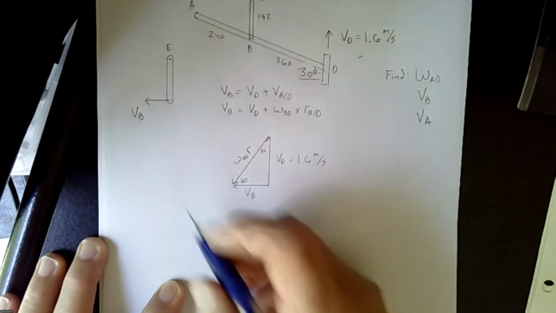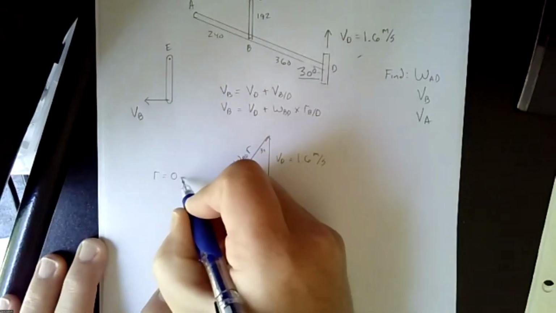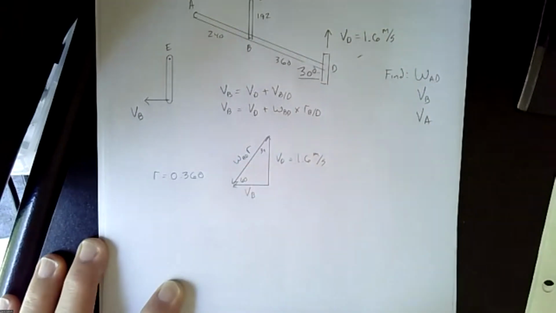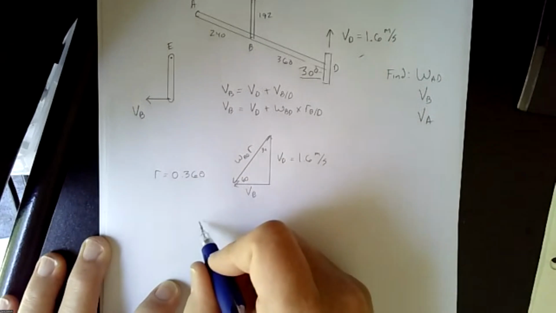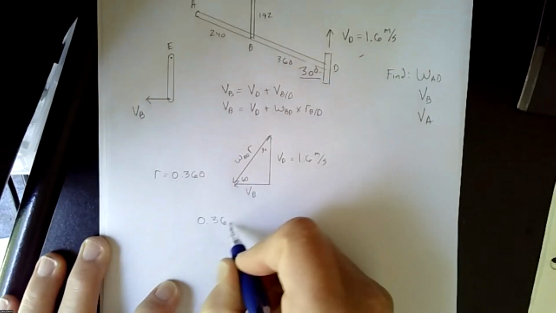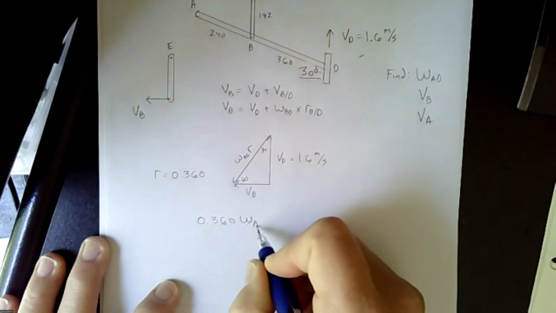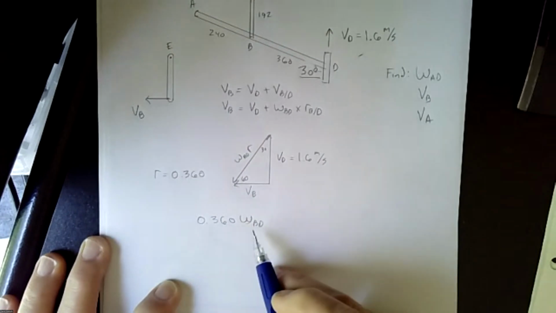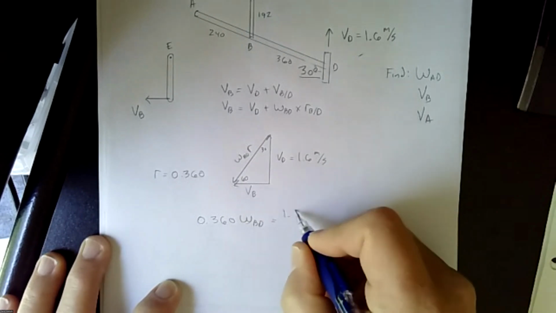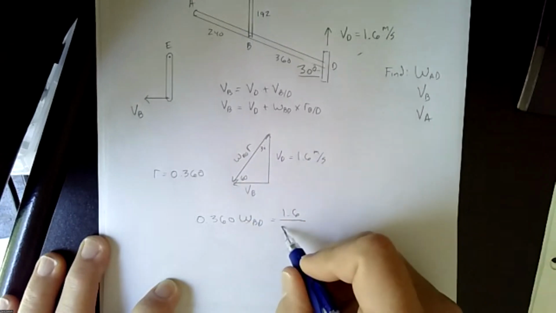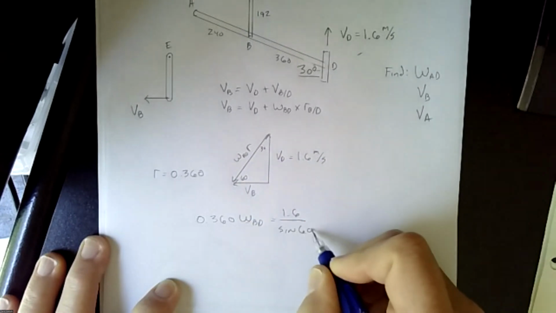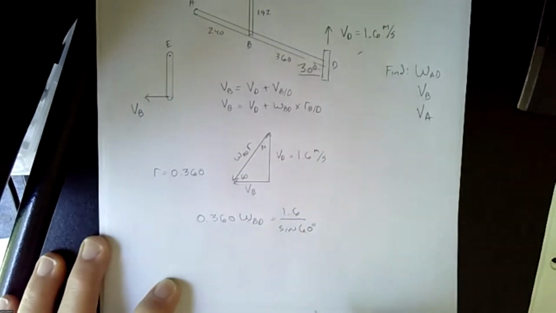So the R is going to equal 0.360 because we're in meters per second. So if we write 0.360 omega BD, that's the hypotenuse, we know that's going to equal 1.6 divided by the sine of 60 degrees, since that's the opposite side.